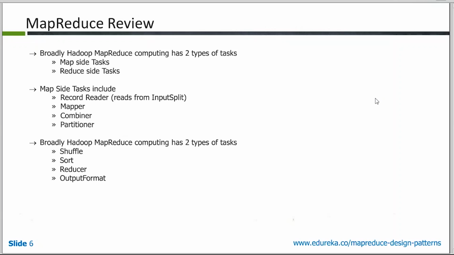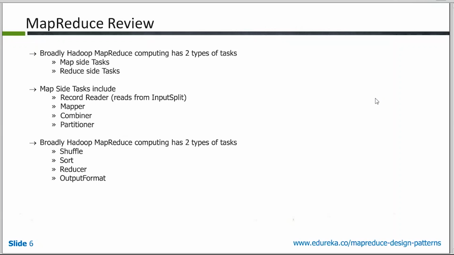Broadly, if you look at the MapReduce framework, the tasks can be divided into 2 categories: the map side tasks and the reduce side tasks. The map side includes the record readers along with the input split, then the mapper, the combiner, and the partitioner.